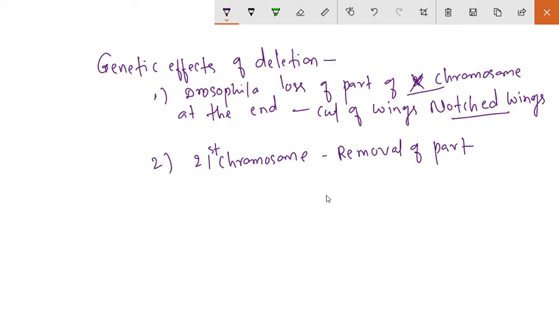Okay, 21व्या क्रोमोझोमचा त्या ठिकाणी पार्ट लॉस झाला. So it causes the chronic neuroid leukemia in the man.